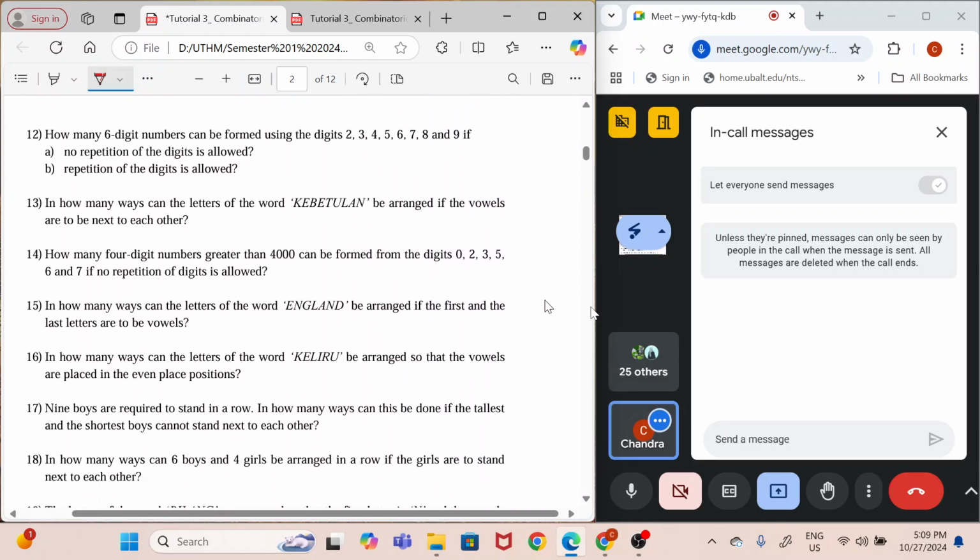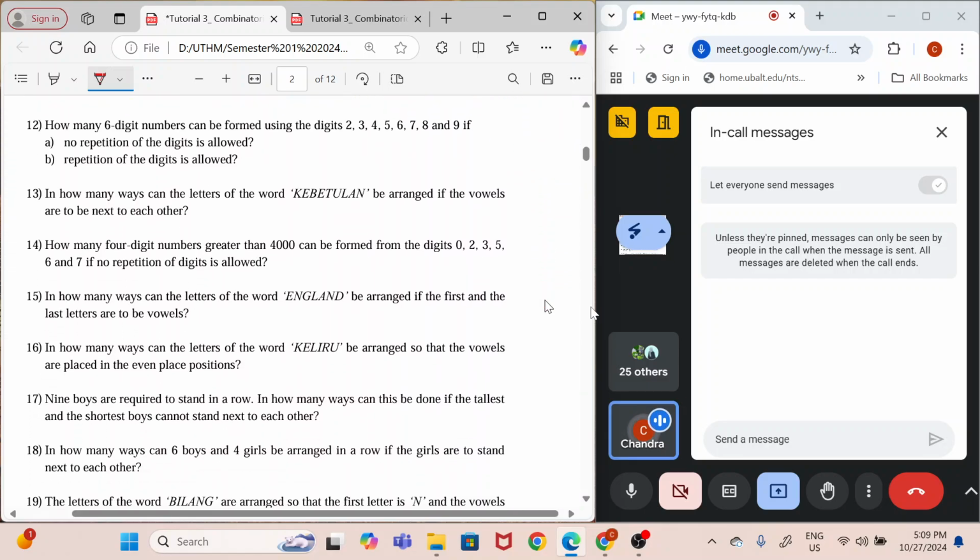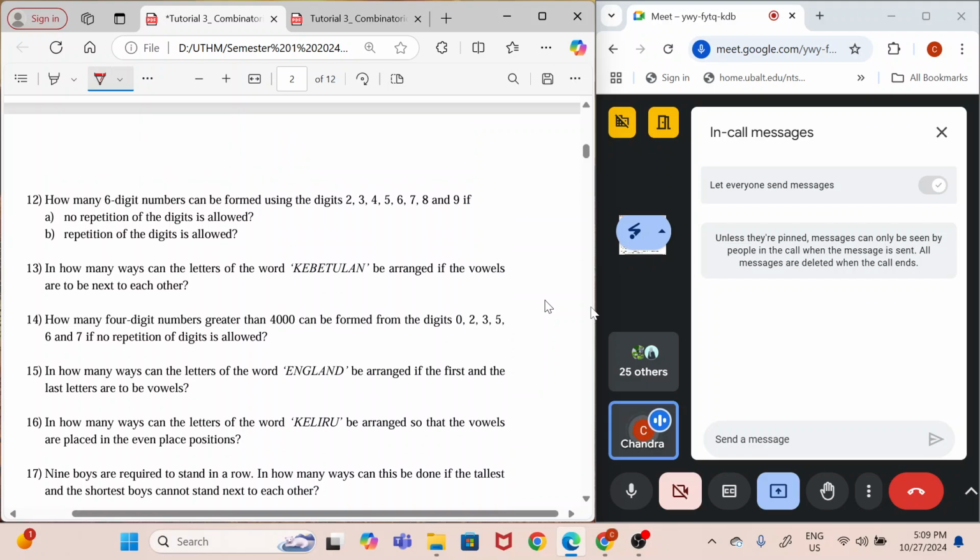Number 12. How many 6-digit numbers can be formed using all the numbers given, if no repetition of digits is allowed? No repetition is permutation. Okay, A. How many 6 digits? 1, 2, 3, 4, 5, 6.